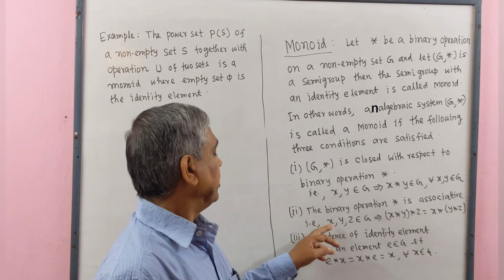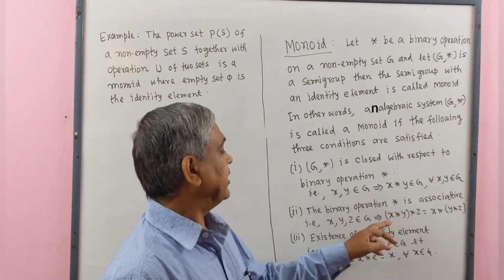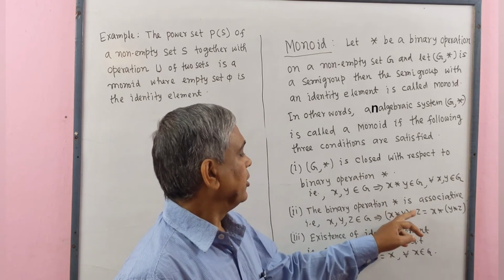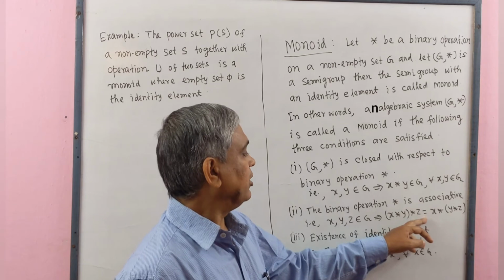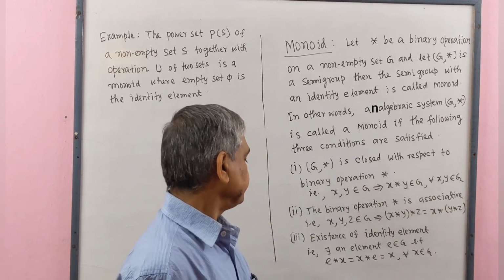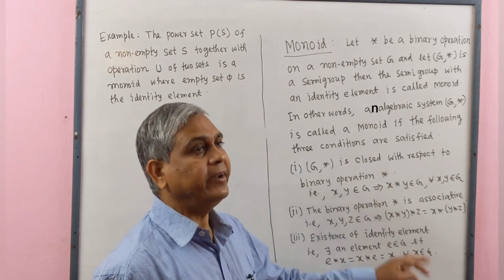That is, x, y, z belong to G implies that (x operation y) operation z equal to x operation (y operation z). Number three, existence of identity element.